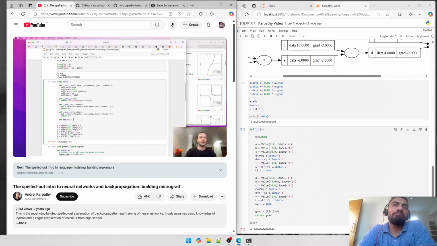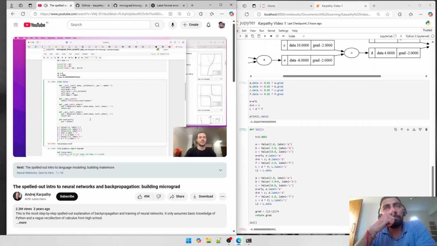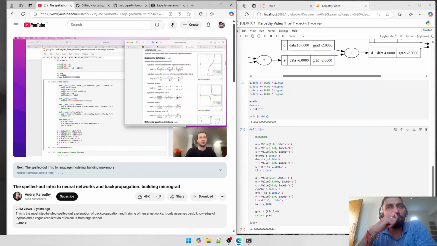So let's do that. Def tanh. And then out will be a value of, and we need this expression here. So let me actually copy paste. Let's grab n, which is self.data, and then this, I believe, is the tanh. Math.exp of 2n minus 1 over 2n plus 1.